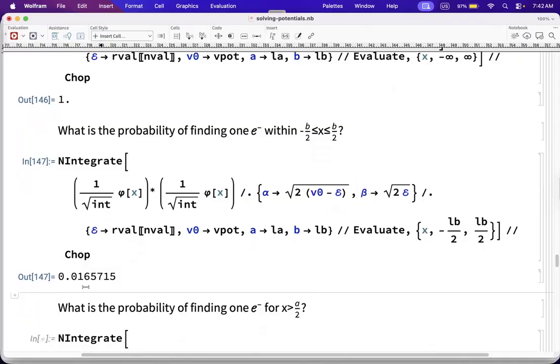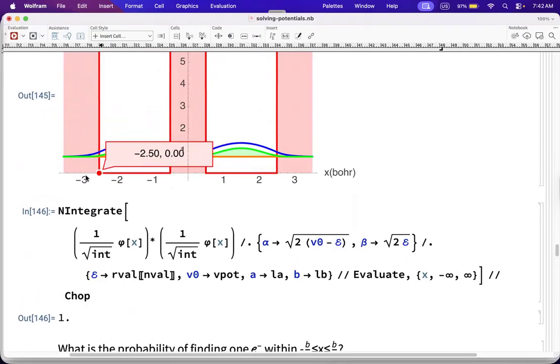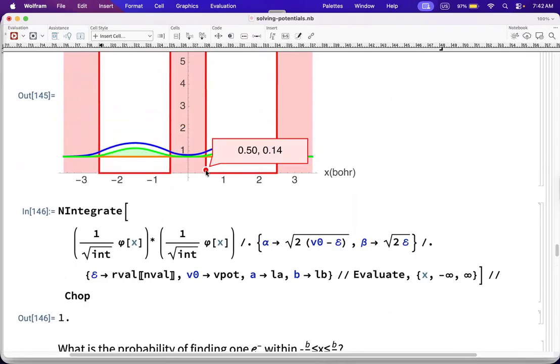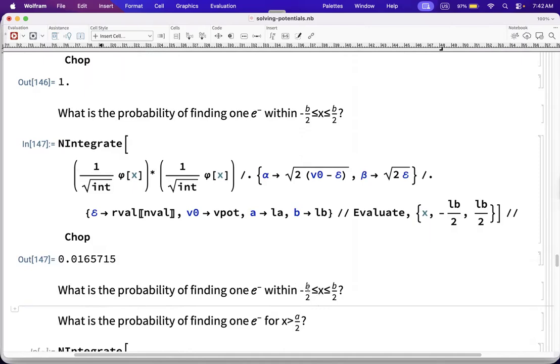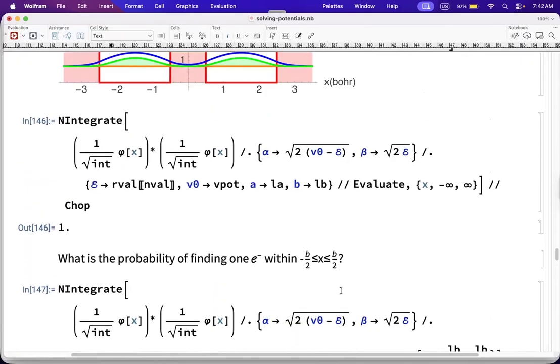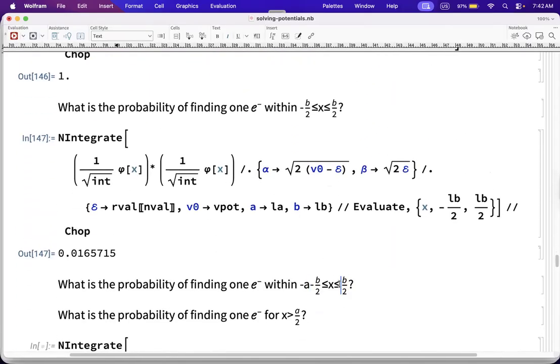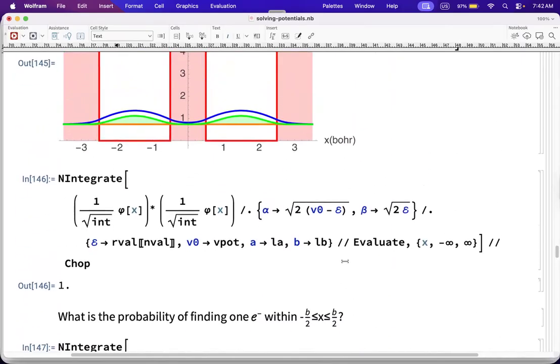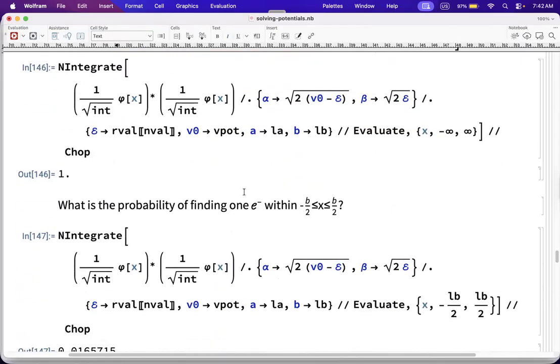Also, I'm going to add this here, please. What is the probability of finding the electron in this region, let's say either on the left or on the right? On the left, I'm going to take from minus A minus B over 2 to minus B over 2, in the left part of the potential.